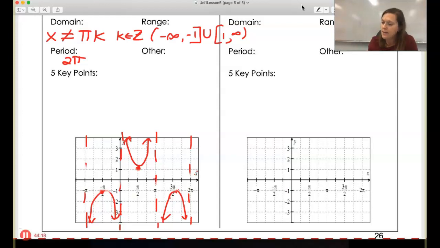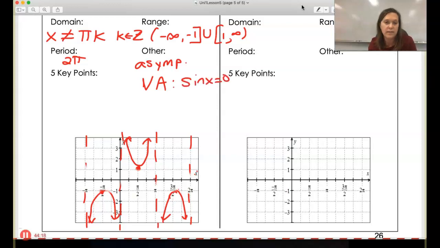And then our asymptotes would be our vertical asymptotes, right? VA, vertical asymptotes are occurring whenever sine of x equals 0.